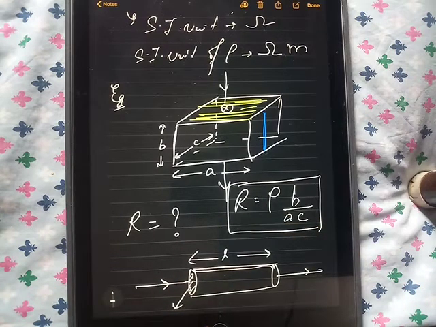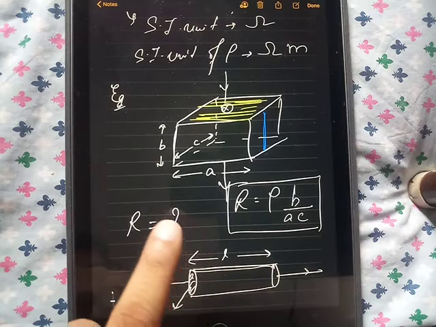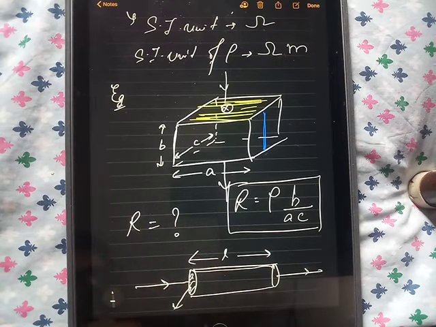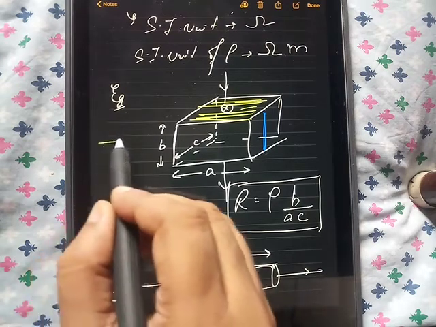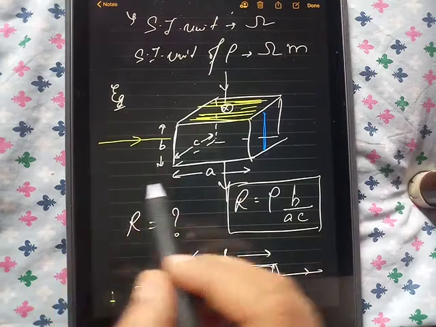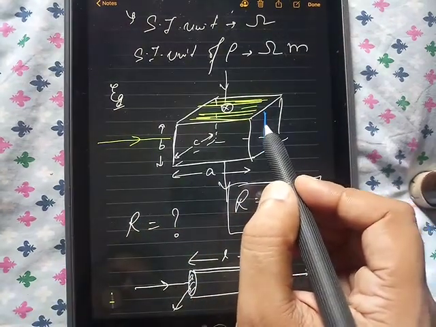It means the resistance of the given conductor depends not only upon the dimensions, length and area, but also upon the direction of current. Let us take another example. This time, let current go from this side and emerge out from this side.